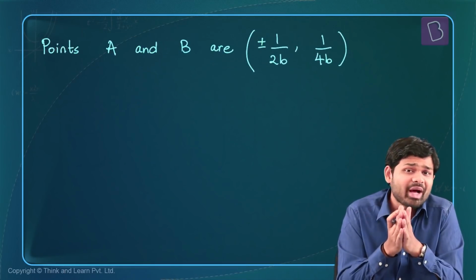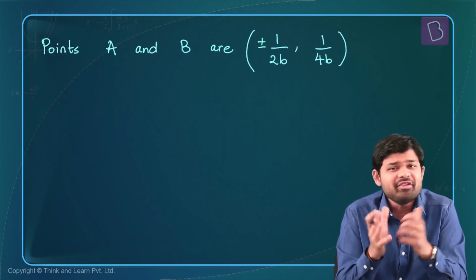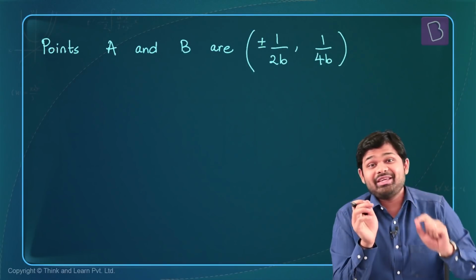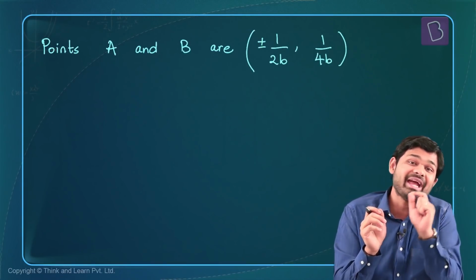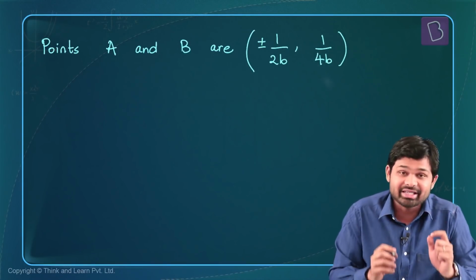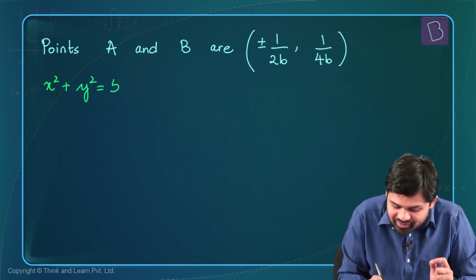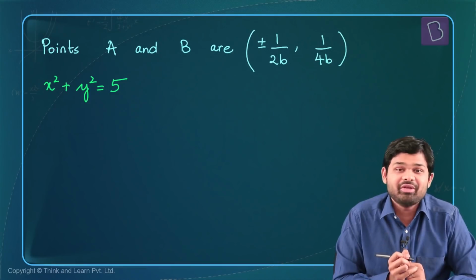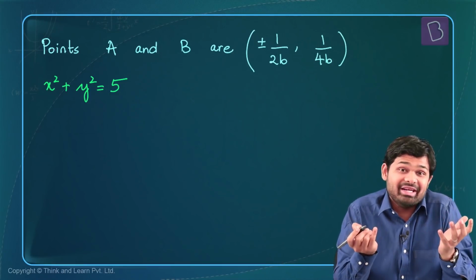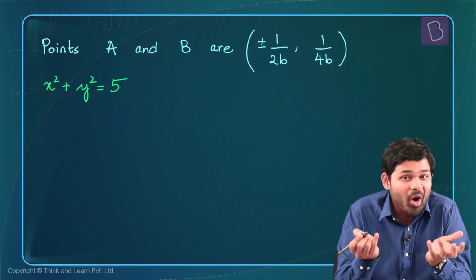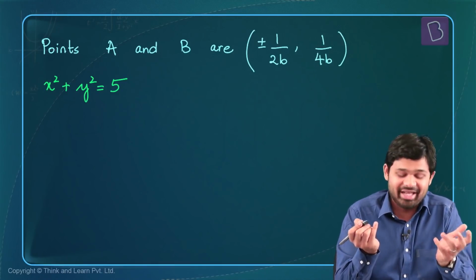Now we have to find out the value of small b. What other information can we make use of? Well, we can make use of the fact that points A and B both lie on the circle x square plus y square equal to 5. Right? So I'm going to substitute the value of x. I don't mind using negative 1 over 2b or positive 1 over 2b because we have an x square.